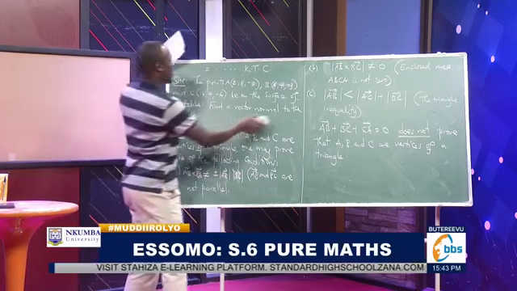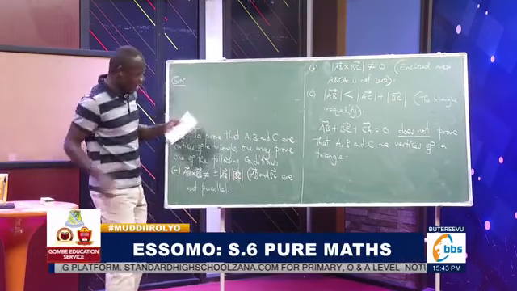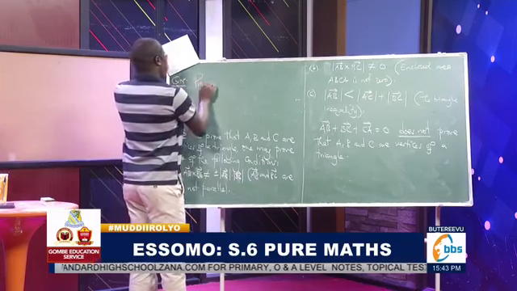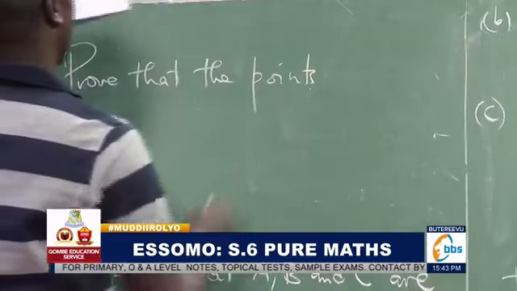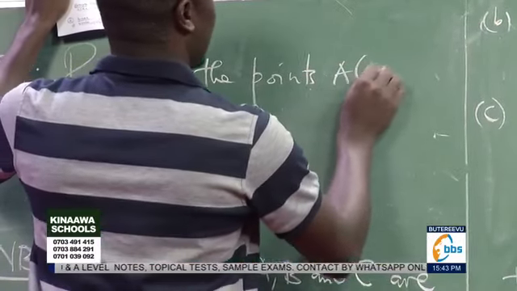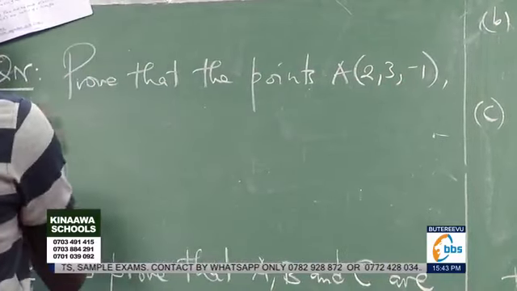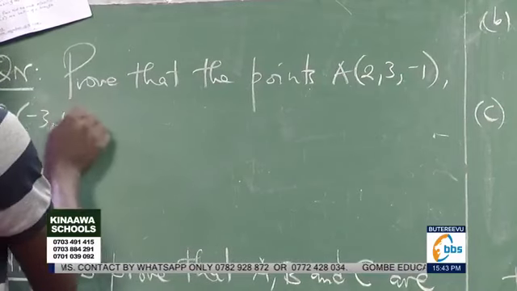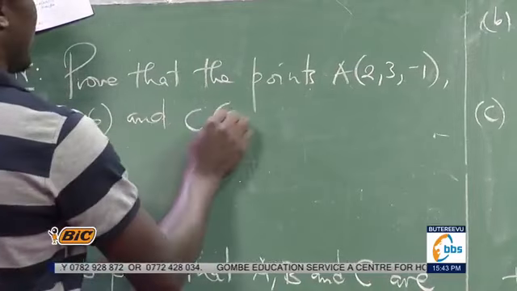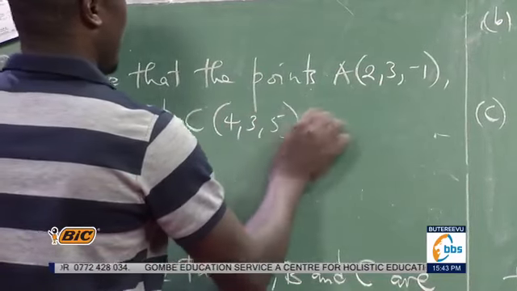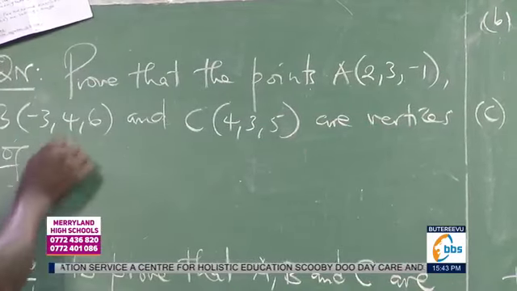Anyways, let me give you another question which you can try when you're a bit happy. Prove that the points A (2, 3, -1), B (-3, 4, 6), and C (4, 3, 5) are vertices of a triangle.